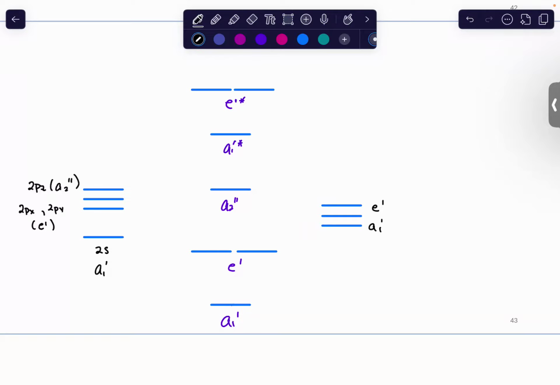So then we have to draw out our structure. Okay, so A2 double prime, we can go straight across to A2 double prime. Your E primes.